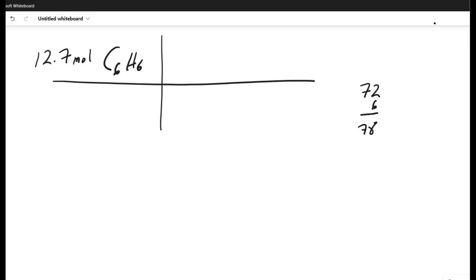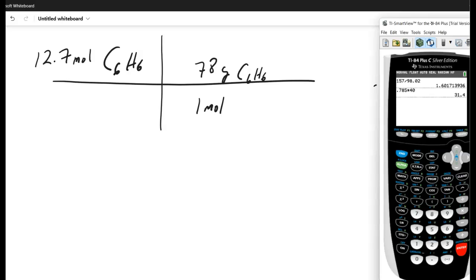So that's about 78 grams per mole. And you always want to label it. Okay, let me get my calculator here. 12.7 times 78 is 990.6.